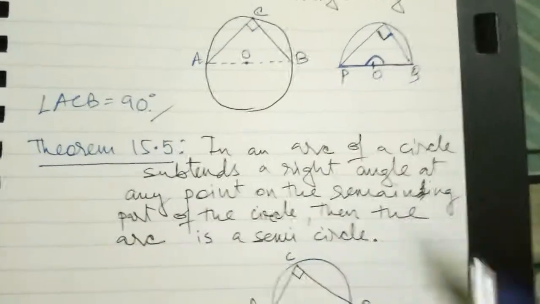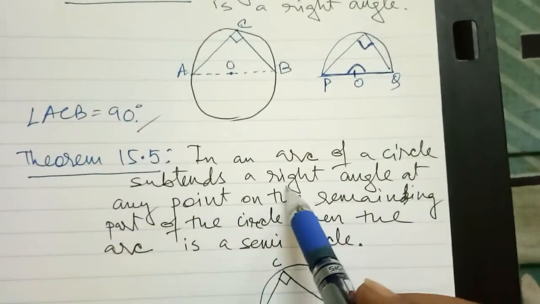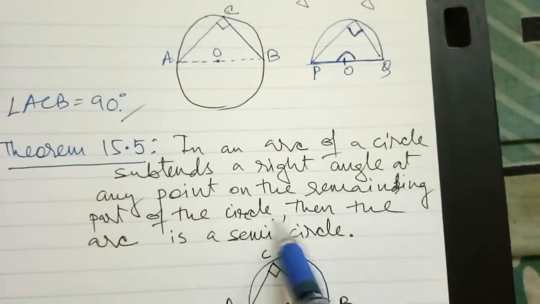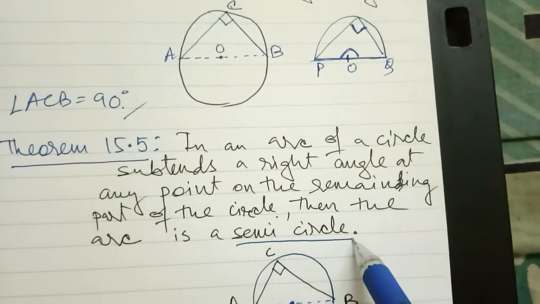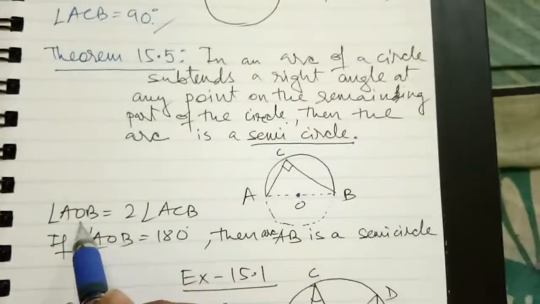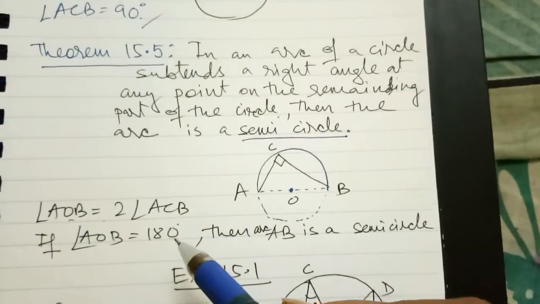Next 15.5 is just the opposite of 15.4. If an arc of a circle subtends a right angle at any point on the remaining part of the circle, then the arc is a semicircle. See, angle AOB equals 2 into angle ACB, the first theorem that we have done.